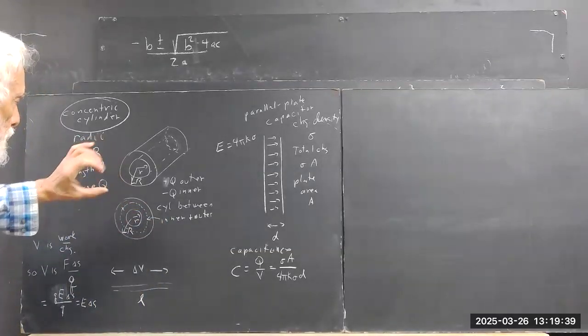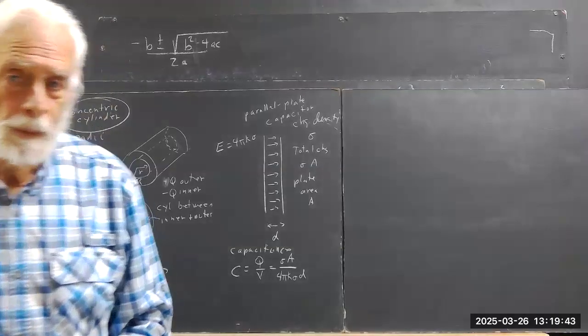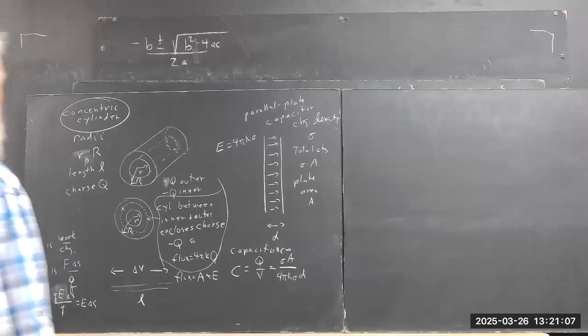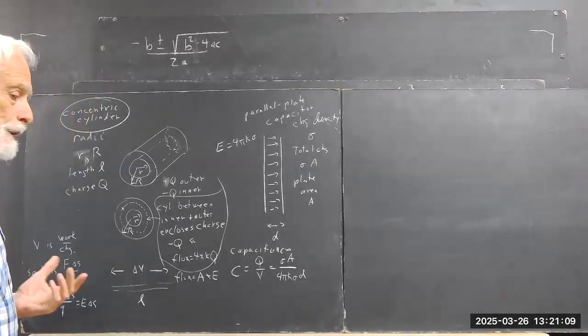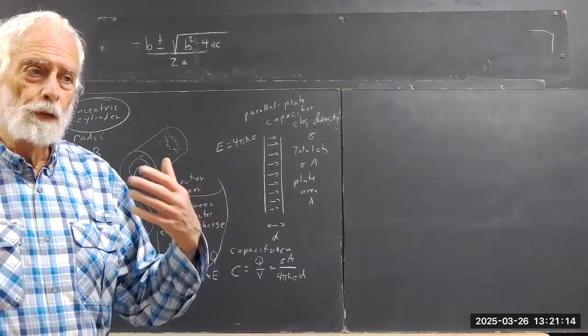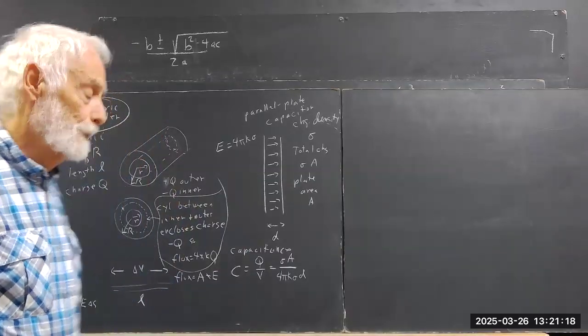So this represents a cylinder between the inner and the outer. What's the flux? The basic principle of Gauss's law is that the flux through any surface is equal to 4 pi k times the charge enclosed by that surface.